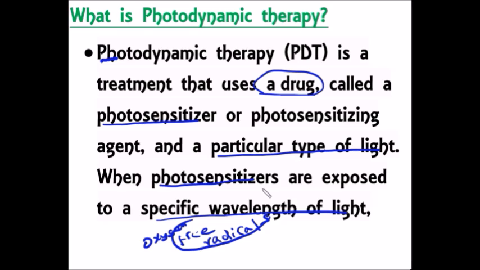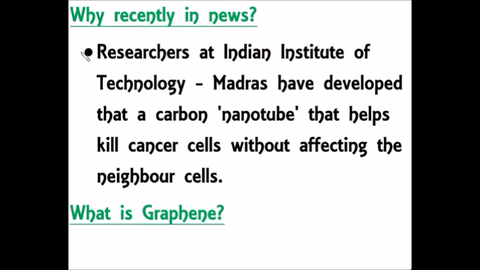Why is that topic in the news recently? Recently, IIT Madras, that is the Indian Institute of Technology Madras, created a carbon nanotube that helps to kill the cancer cells without affecting the neighboring cells. Already you know, in photodynamic therapy, a chemical is used.